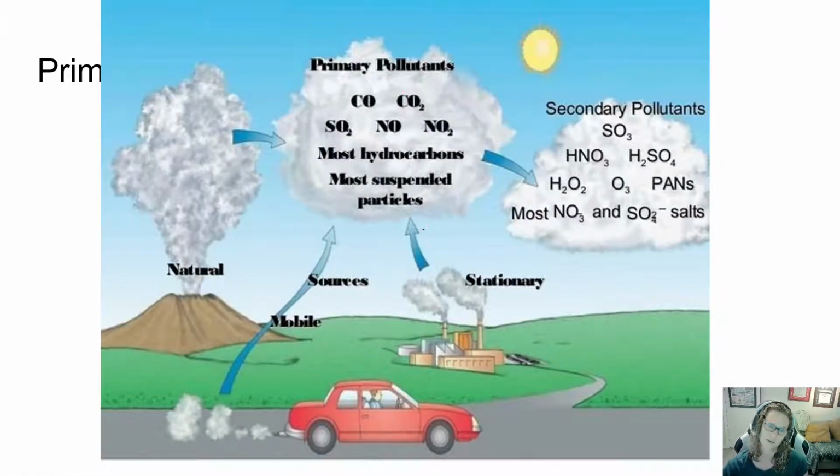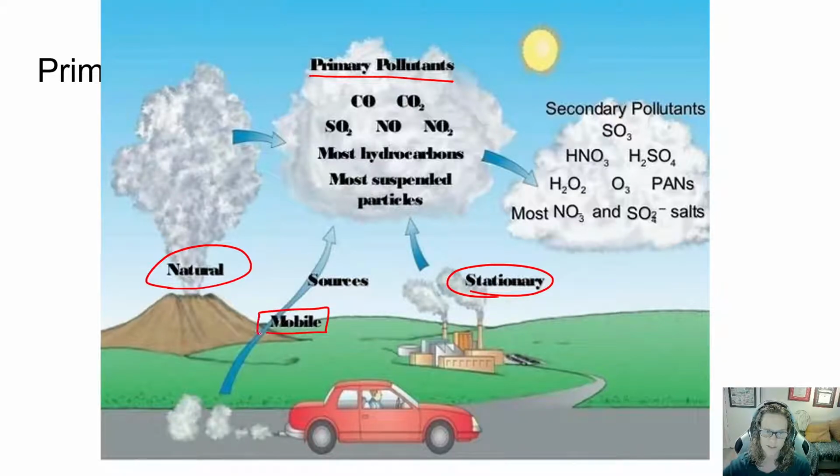I really like this graphic, and it's something you should write down on flashcards. The primary pollutants, the things that come straight out of the source. So the sources could be a natural source like a volcano or a geyser. It could be a stationary source like a factory, or there could be mobile sources, anything with transportation that's putting pollution out, but it's not in one place.